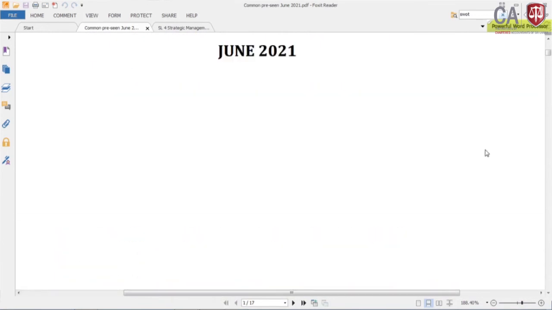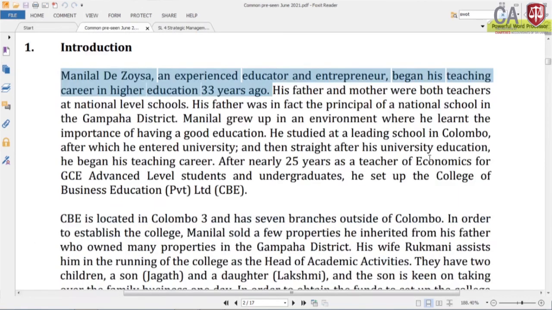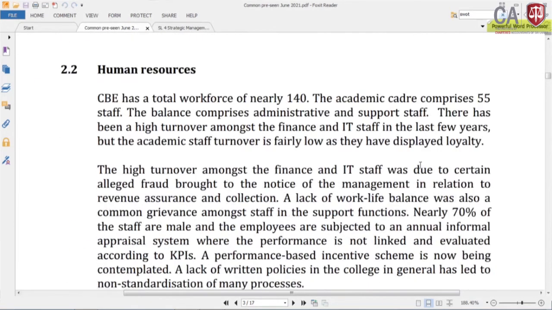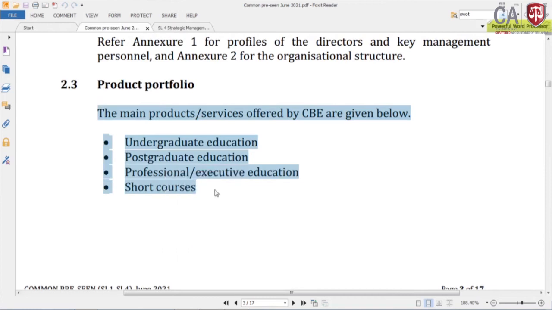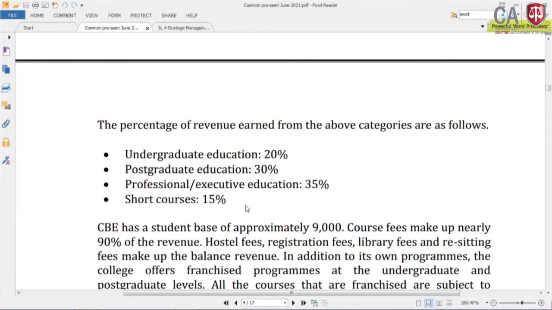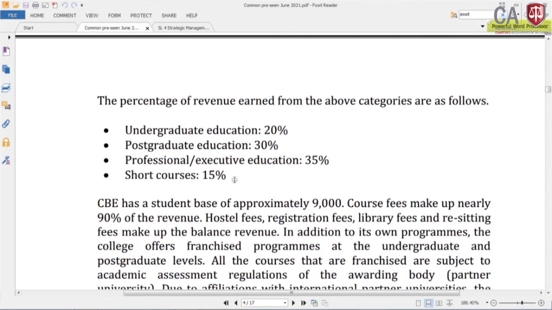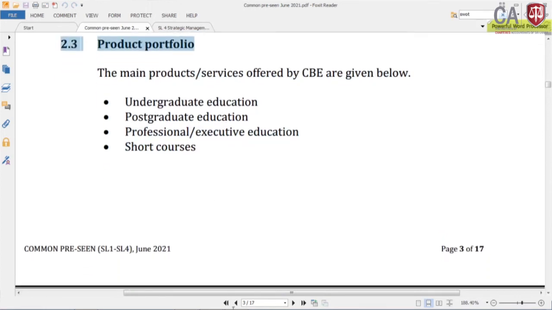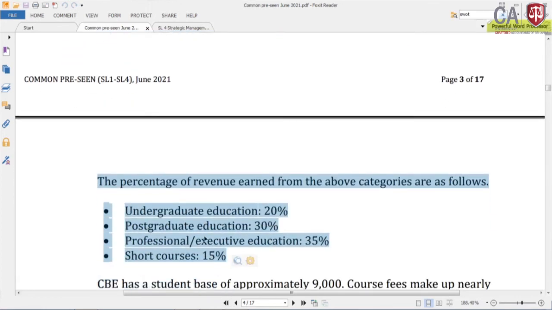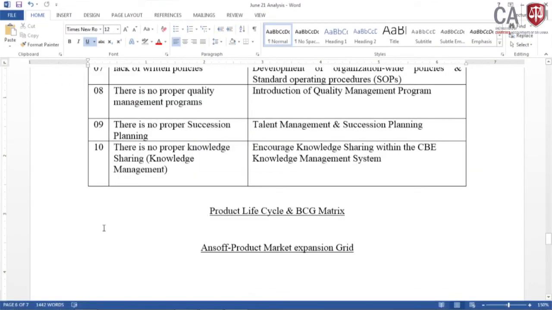They have given some information about courses. Here, the main products and services offered by CBS are given below: undergraduate education, postgraduate education, professional executive education, short courses. At the same time, they have given the percentage earning from them also, but we need more information to carry out product life cycle and the BCG matrix.